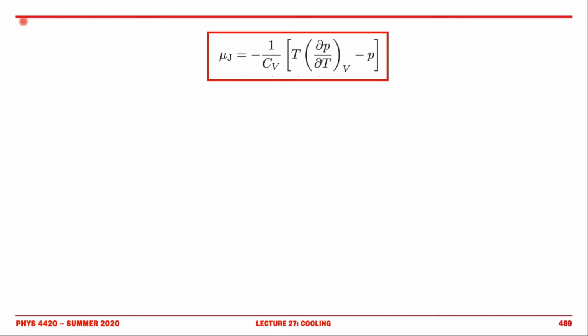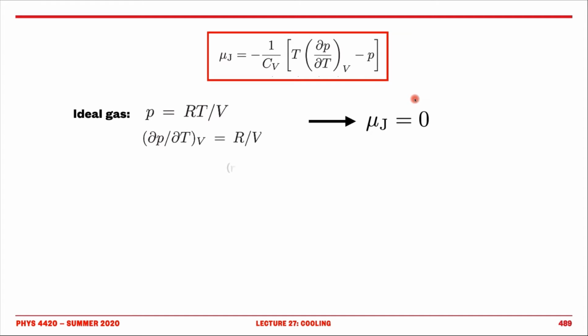For the ideal gas, we should have mu J equals zero, because the internal energy only depends on temperature. So if the internal energy is constant, the temperature has to be constant. And indeed, if you use the equation P equal RT over V, you will see that the difference between these two terms is going to be equal to zero. This is pretty easy to see. So indeed, mu J is equal to zero simply because in an ideal gas, the internal energy only depends on temperature.